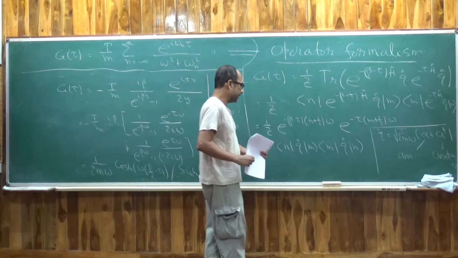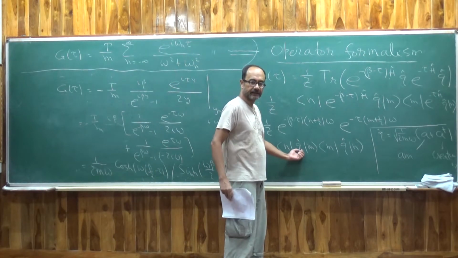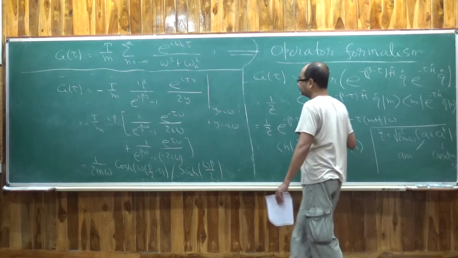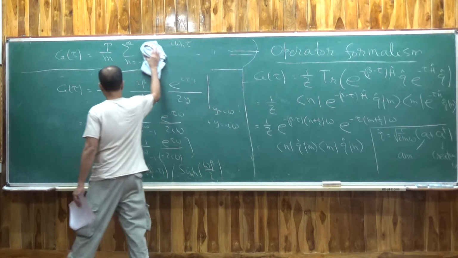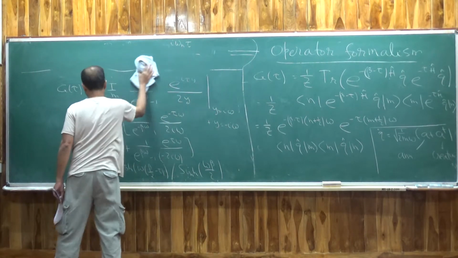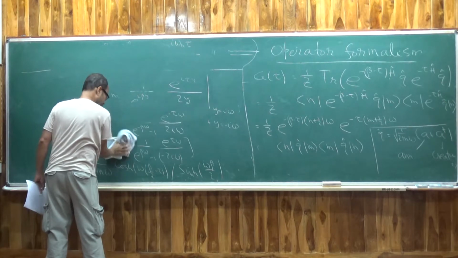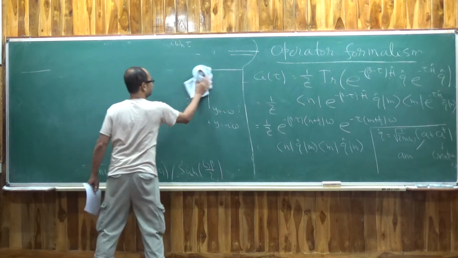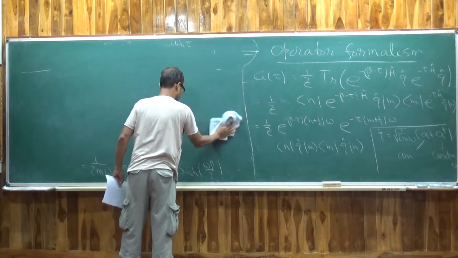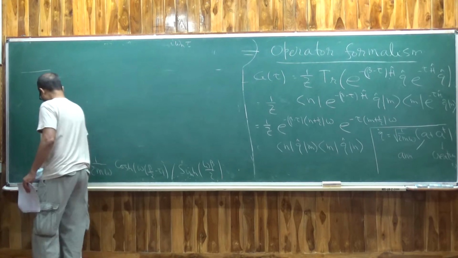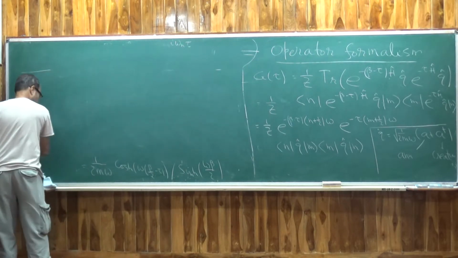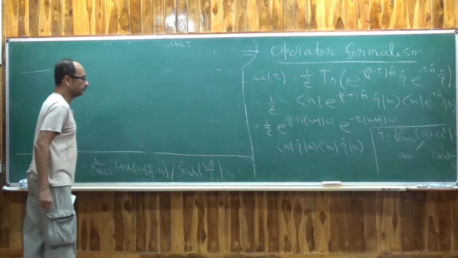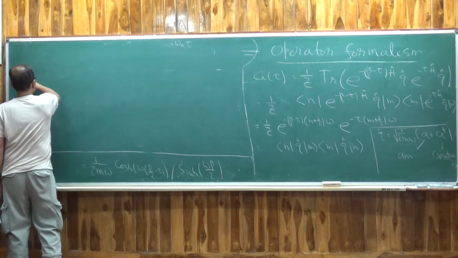So we insert a plus a dagger here, and similarly a plus a dagger here. So you get 1 over Z.